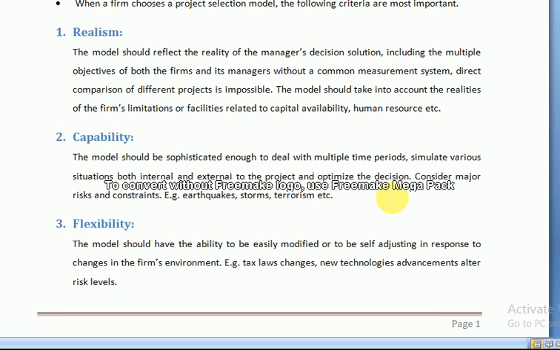For example, earthquakes, storms, terrorism, etc. So capability is another part of that model.